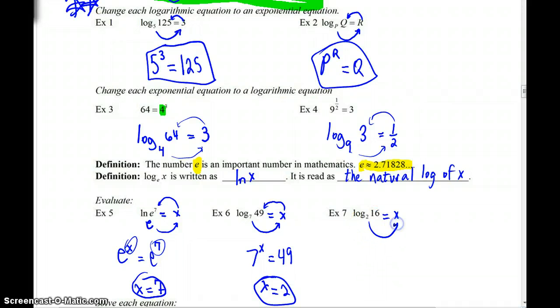Number 7, 2 raised to the x power is equal to 16. Here you just have to find out what power I have to raise 2 to get 16. Well, 2 to the third is 8. 2 to the fourth, though, if x is equal to 4, this would be true.